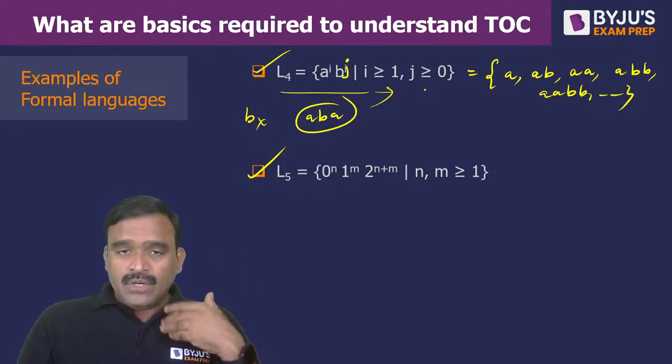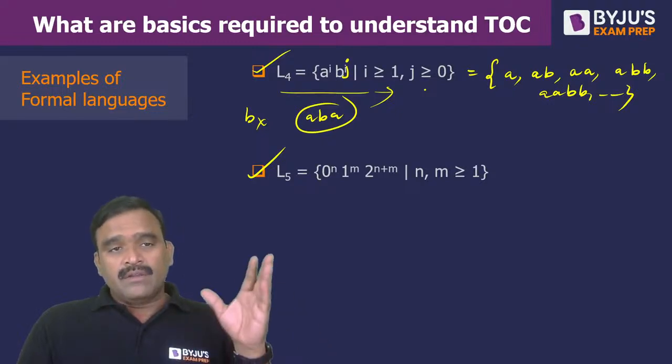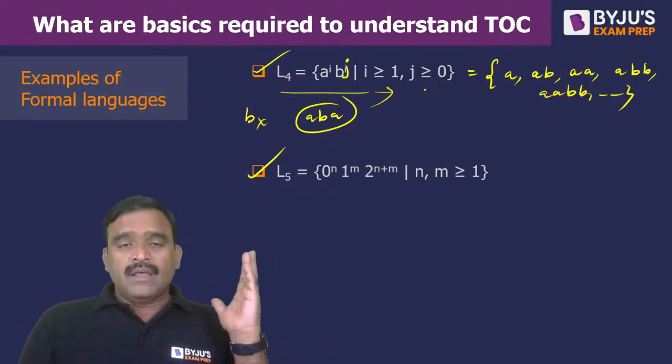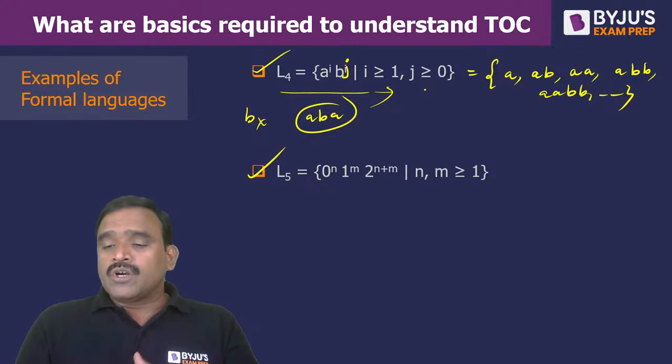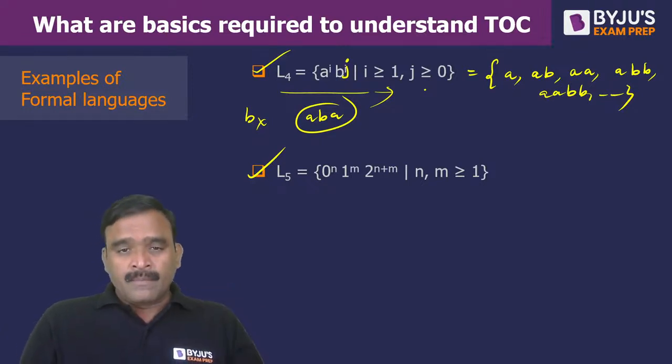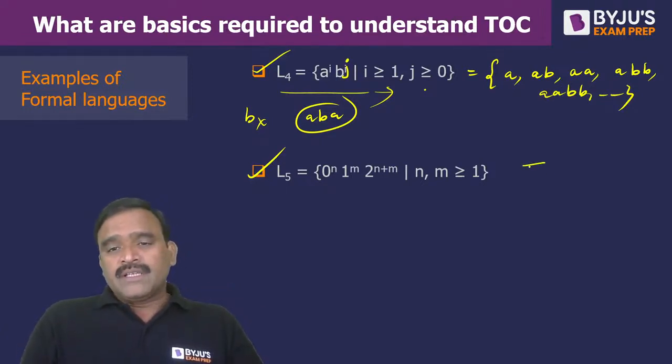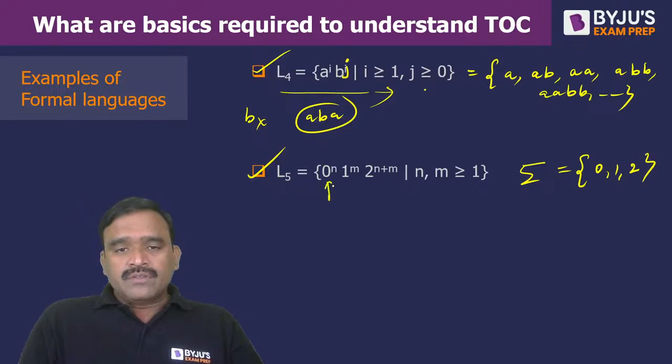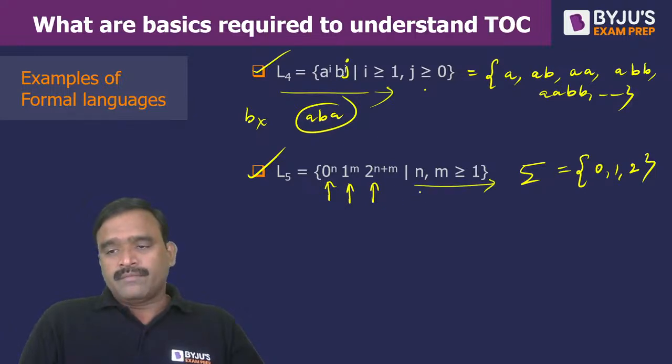Then only either a grammar you can try, or you can try the abstract machines like finite automata, pushdown automata, Turing machine, etc. And here, what is the alphabet for this language? Alphabet sigma is equal to 0, comma 1, comma 2. So n number of zeros followed by m number of ones followed by n plus m 2's. So n and m greater than or equal to 1.